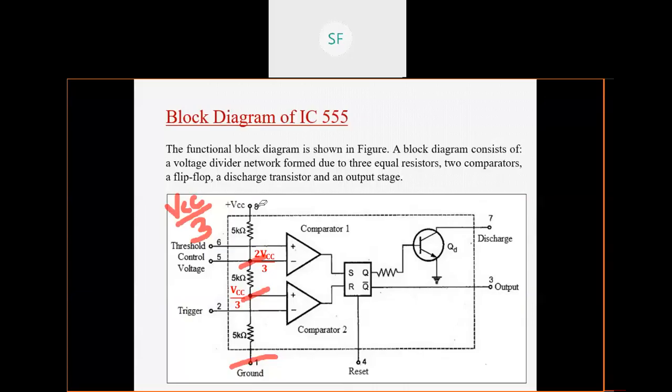So you must understand that the total VCC voltage has to be divided by 3, because the values of these resistors are equal.